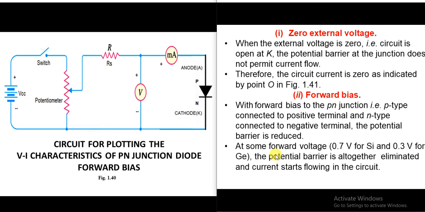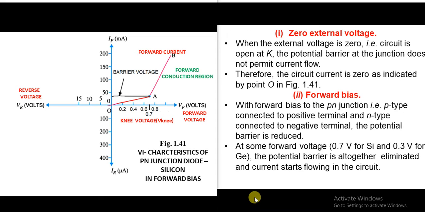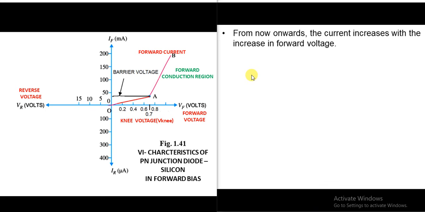At the forward voltage of 0.7 volt for silicon and 0.3 volts for germanium, the potential barrier is completely eliminated and the current starts flowing in the circuit. From now onwards, the current increases with the increase in the forward voltage, but the increase in the current is very small.